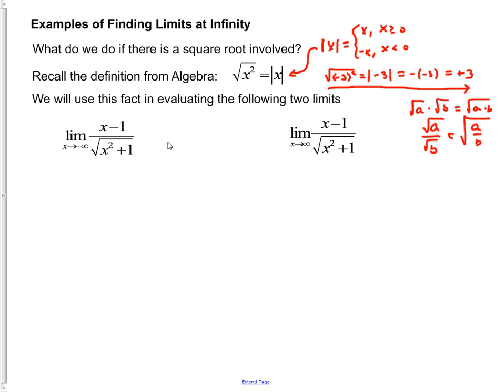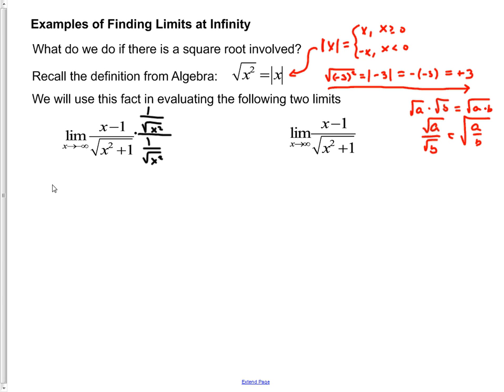And what we said before is if we evaluate a limit that had a fraction, we had to multiply by 1 over x to the highest power in the denominator. Well, the highest power in the denominator is essentially the square root of x squared, so we multiply 1 divided by the square root of x squared into the numerator and the denominator, equivalently giving us something multiplied by 1.